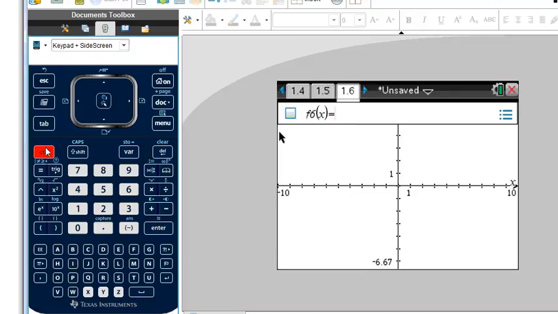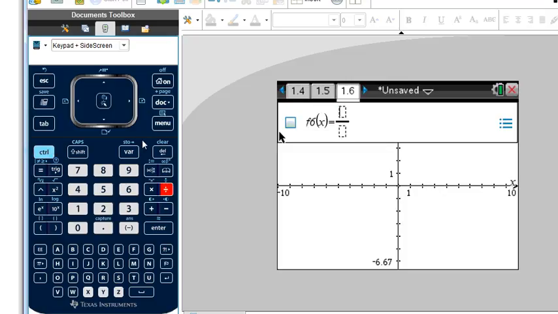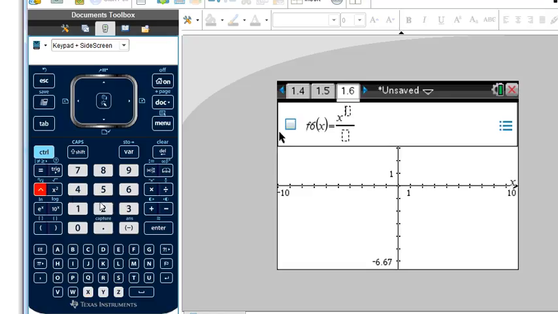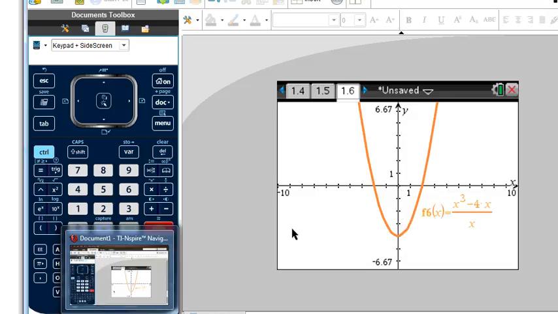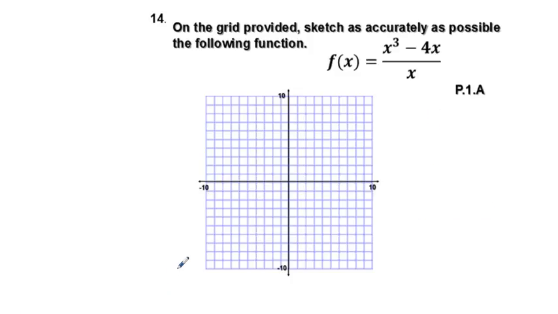We have x cubed minus 4x over x. All right, so this just looks like a quadratic function, right? And the y-intercept here is down at -4, which makes sense. So when we sketch this, let's go sketch it.